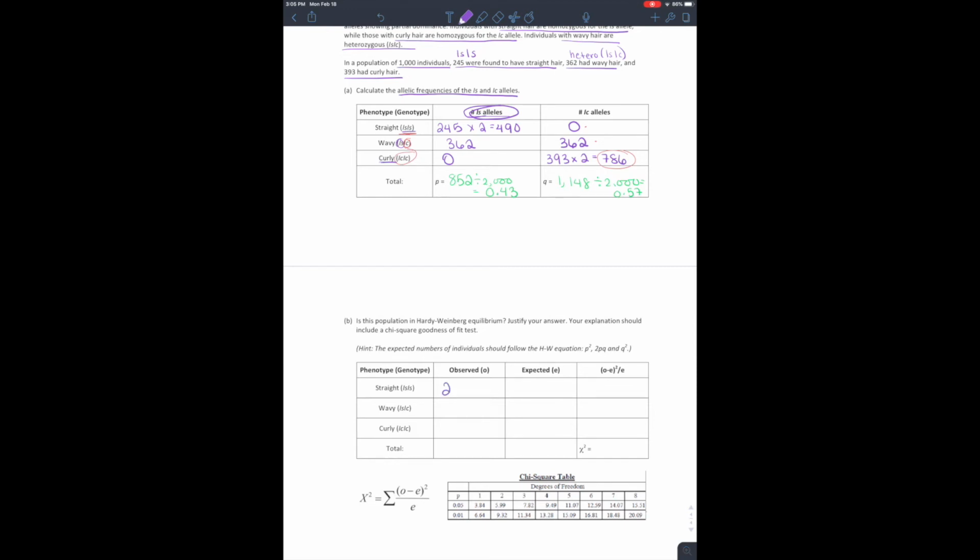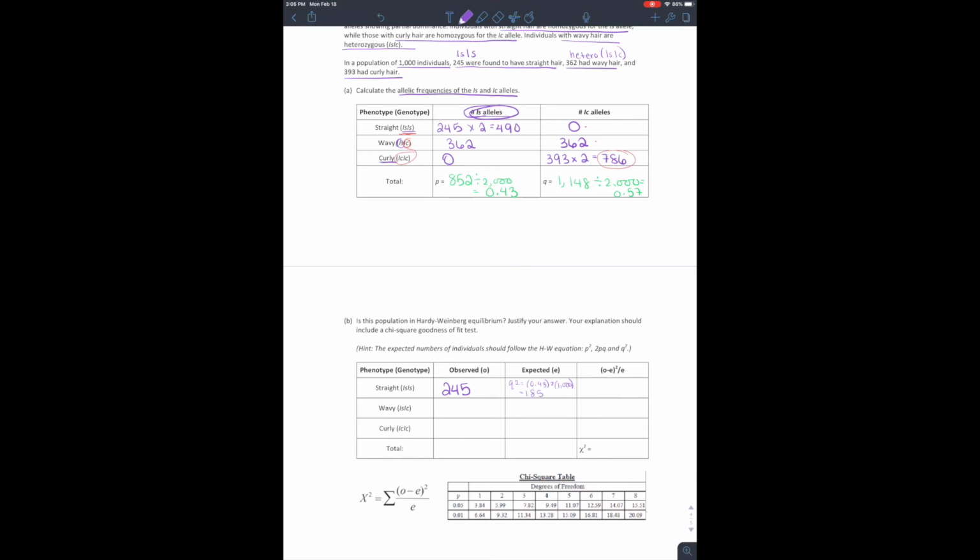We observed 245 from our problem. We expected to have 185. So for our q squared, it has to be 0.43 squared times 1,000 equals 185.